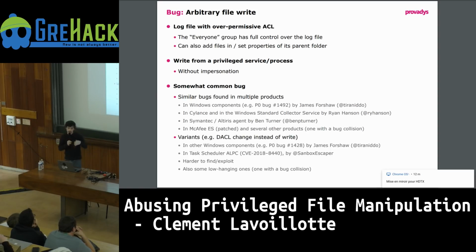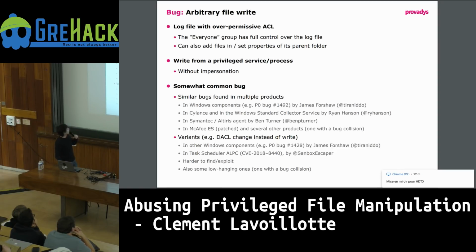As well as variants, for instance, instead of an arbitrary file write, you have an arbitrary ACL set, so an arbitrary ACL that is set on your file. And this was, for example, used in these two bugs, one in a Windows component and one in the ALPC bug that the first speaker talked about.